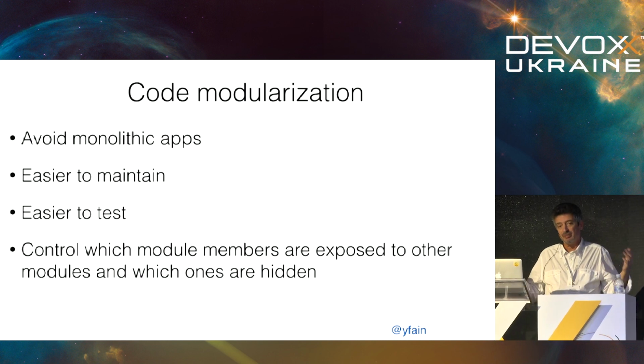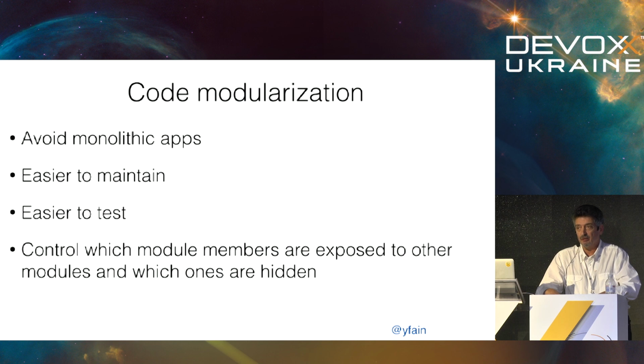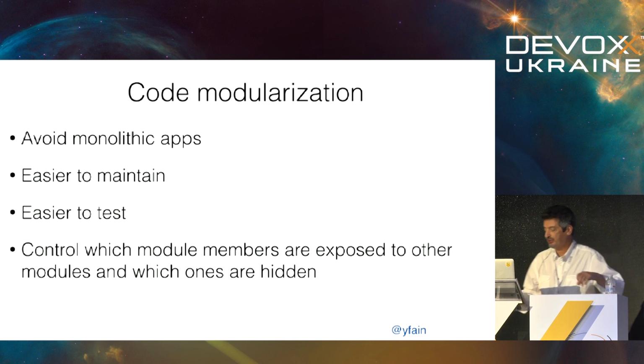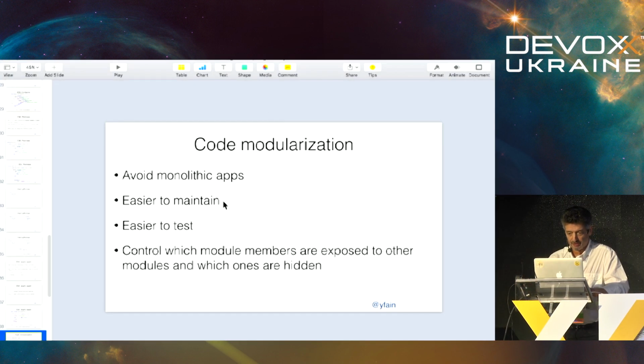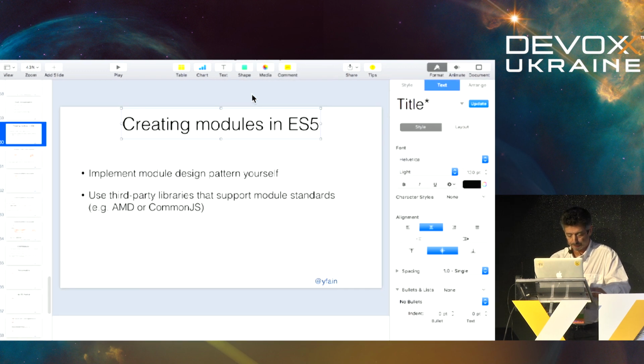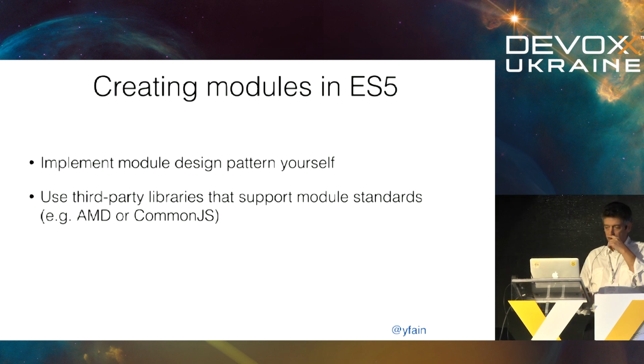This ability was always there, but how would you do something like this? The easiest way would be to implement the module design pattern. Actually, let me try to switch to a different presentation. I think I can show it to you. In ECMAScript 5, what would you do?